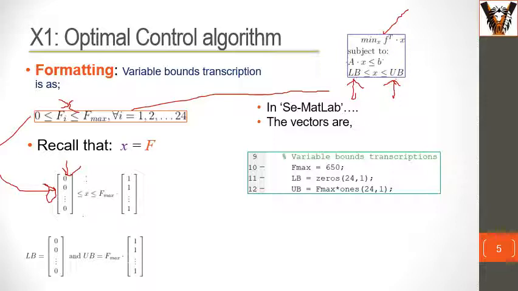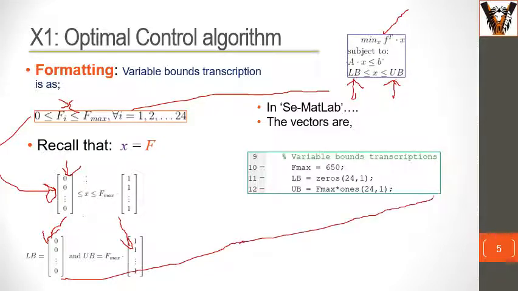So here we have f max multiplied by a vector of 1s, all 24. So this is f max, f max, f max, and so on. So then our lower bound becomes the 0, and a vector of f maxes becomes our upper bound. So the way we write it in MATLAB is this.